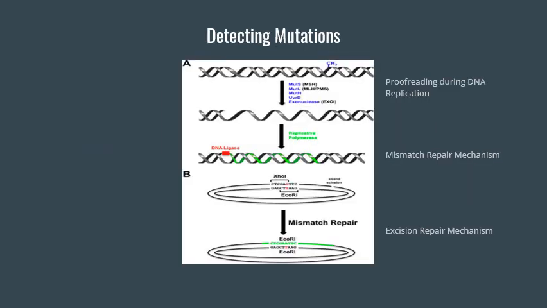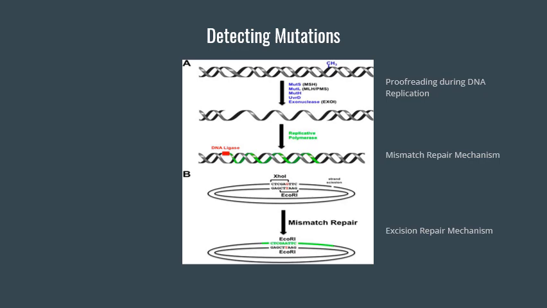So how does our body detect these mutations? First, we have our proofreading during DNA replication. That's when our DNA polymerase goes through and uses its proofreading function to check for errors in base pairing and corrects them there. We have our mismatch repair mechanism, where specialized proteins detect and repair mispaired and mismatched bases after DNA replication.